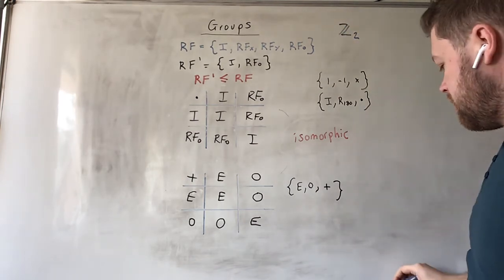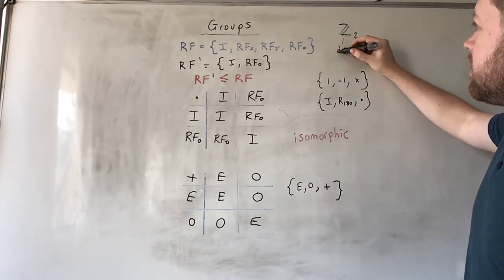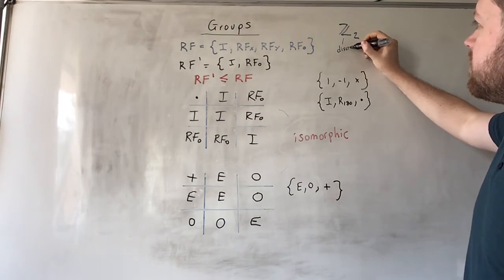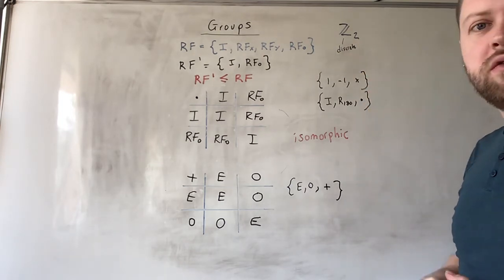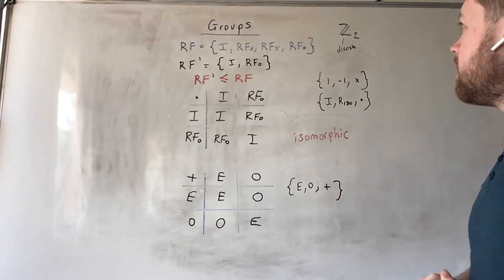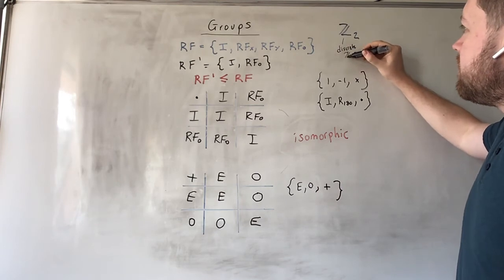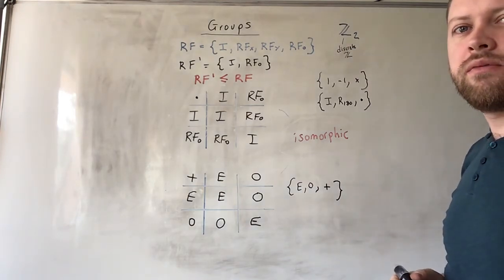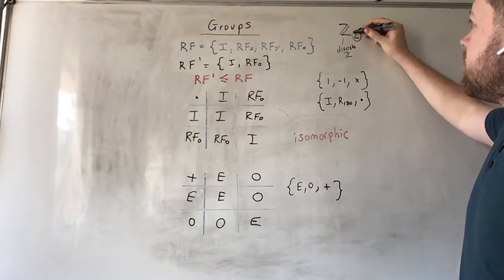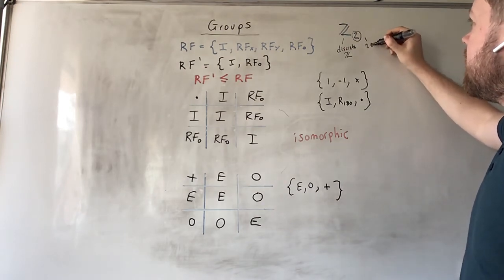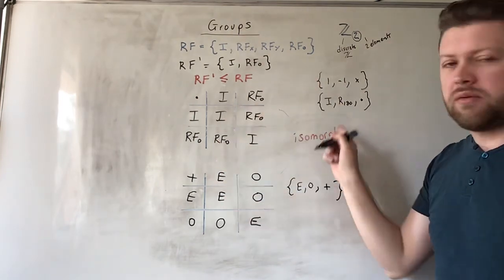The reason they call it Z2 is because Z implies it's a discrete group. There's only a discrete number of elements. This is inspired from, of course, the Z symbol for integer numbers. The 2 here then means 2 elements. You can see in each of these groups there are just 2 elements.